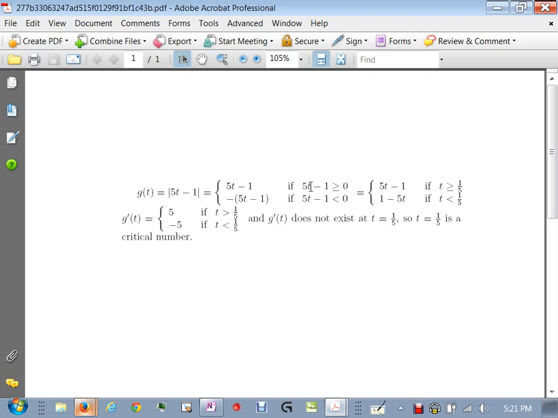So as long as what's in there, 5t minus 1, is a positive number or 0, then it spits out exactly what it was. But if that 5t minus 1 turns out to be a negative number, then you want to take that negative number and make it negative. Negative and negative would be positive, so it'll spit out the positive answer, thus giving you the absolute value.